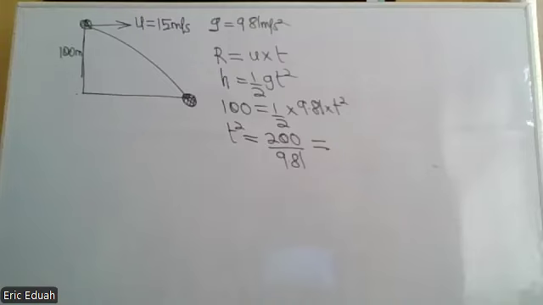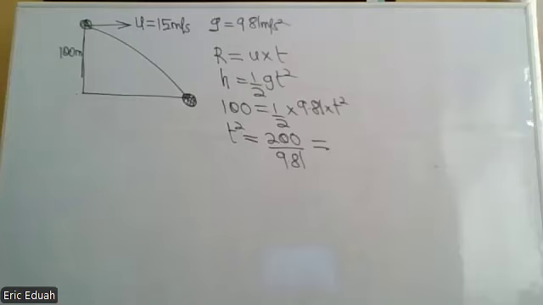So what is 200 divided by 9.81? This will be a little something greater than 20. Do it for me. 200 divided by 9.81 is 20.387.